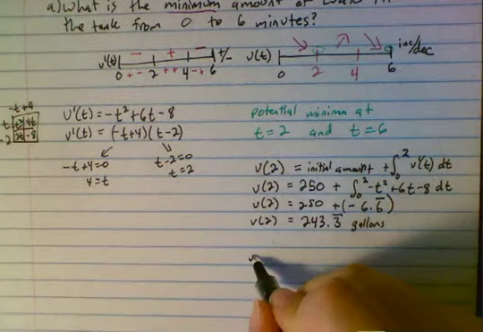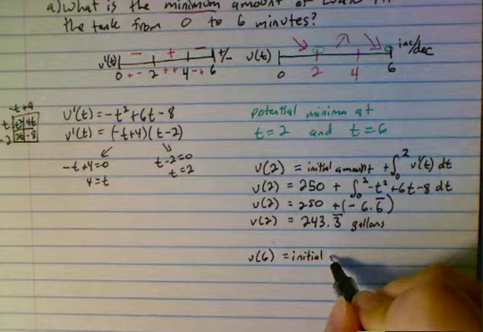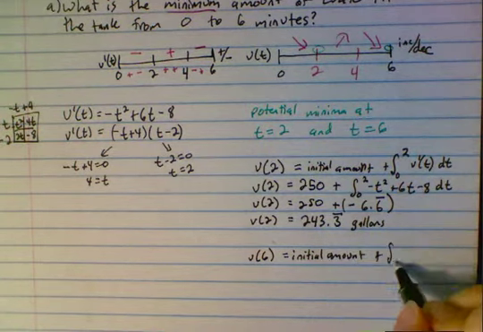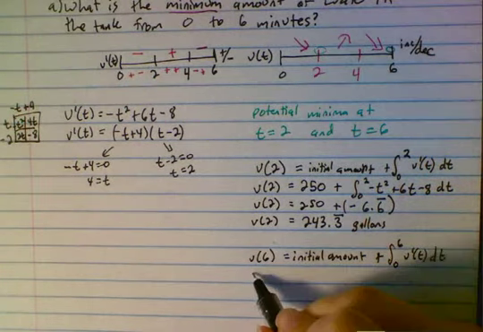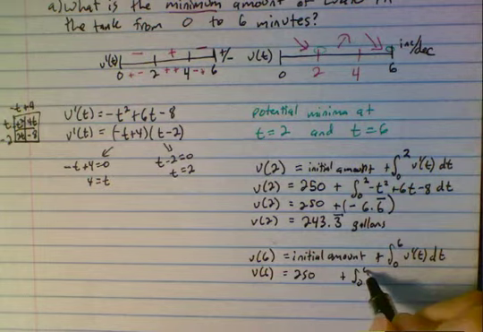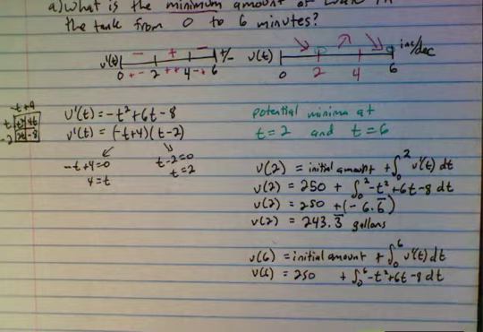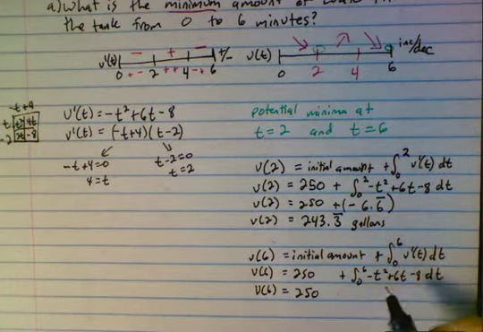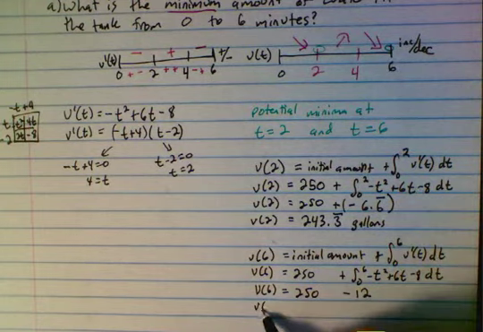Okay, so let's compare that to V of 6. This is the initial amount, 250, but now we're going to add the integral from 0 to 6 of V prime of t dt. And again, if we put that in the calculator, use finite integral, we get negative 12.